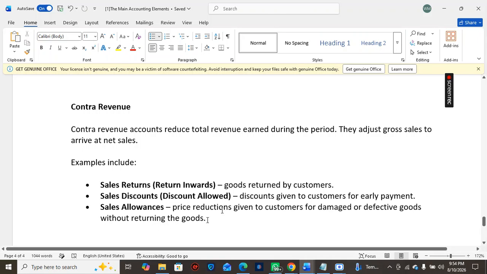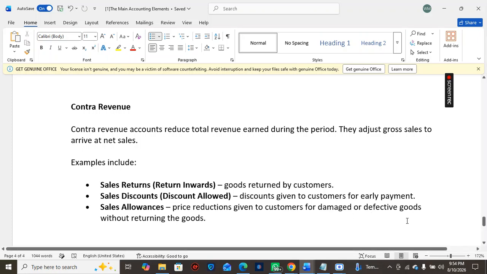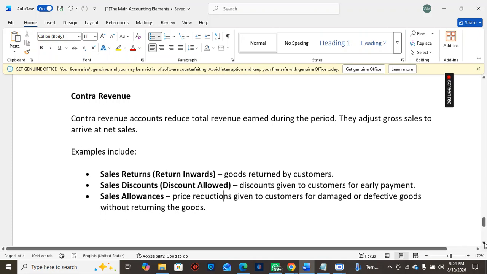So if someone buys a defective good from you and they find there's a fault in it, you can say, okay, we can reduce the price you've paid, but you can keep the good, so long as the defect is not that important, where you can still use the good.